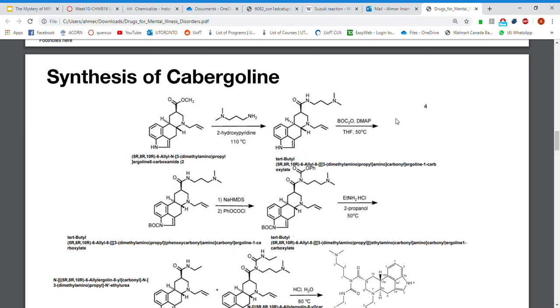So basically, this is something they can genuinely ask, because DMAP and THF really have a low boiling point. DMAP and THF are organic solvents. BOC2O is the actual reactant, but DMAP and THF are solvents.